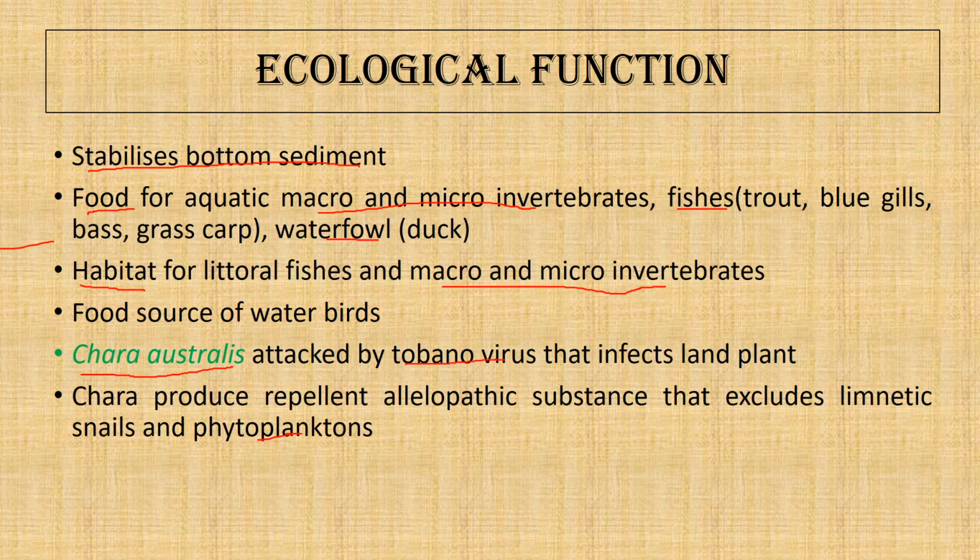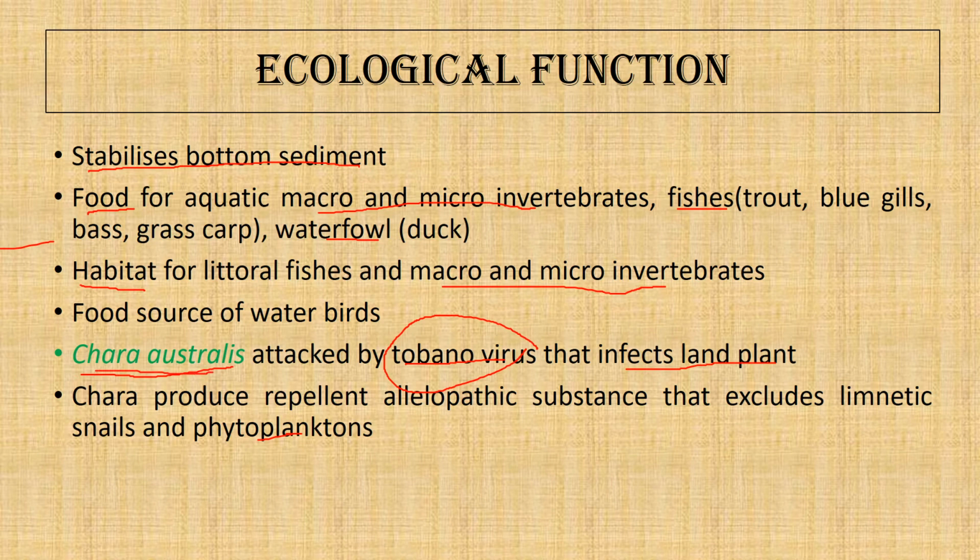Now this tobano virus infects the land plant also. So if we want to have research work done on this tobano virus, then what we do is we cultivate this Chara australis and inoculate the tobano virus in the Chara.